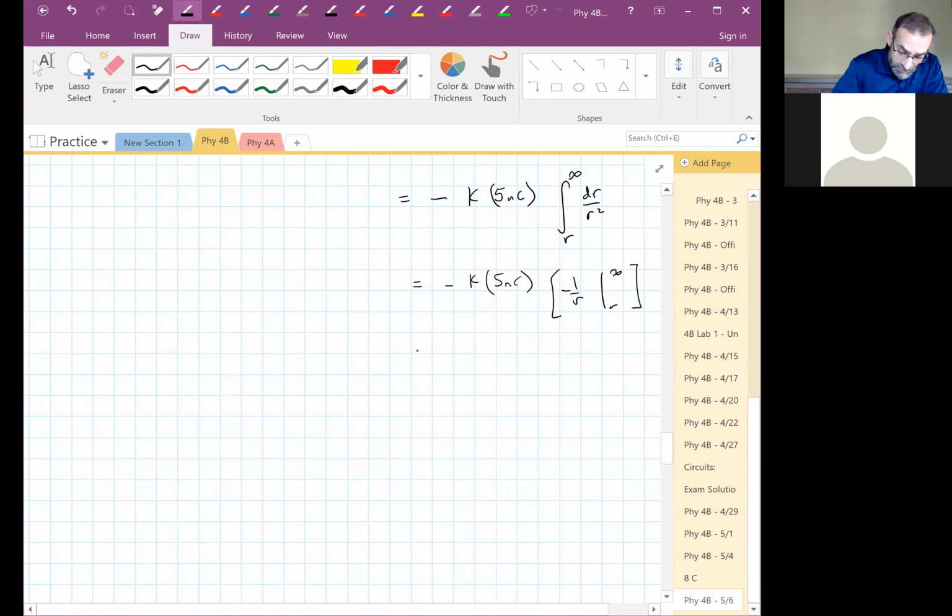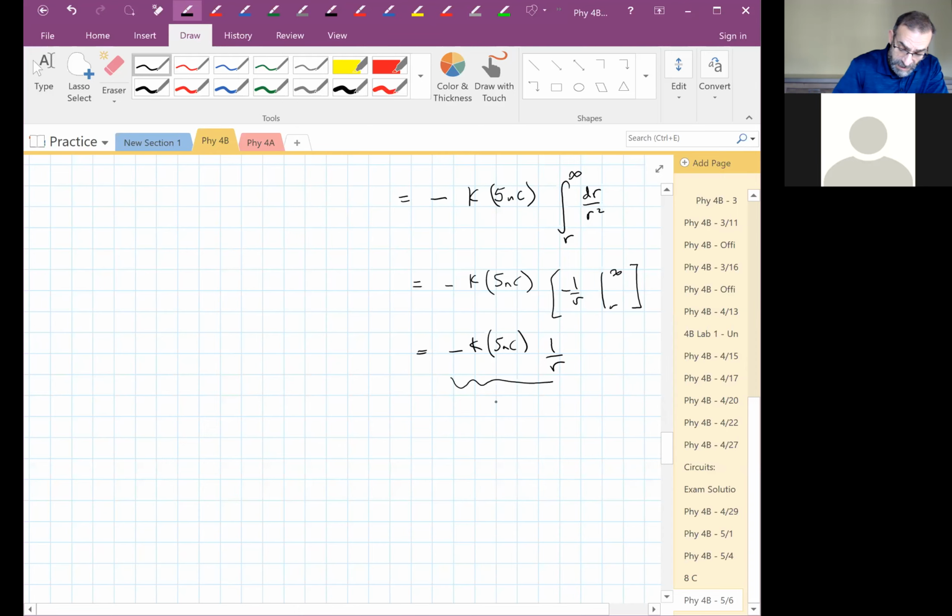So we've got minus K, the 0 minus plus 1 over R. This is just a 1 over R. So that's what I get, and it is negative because I used the absolute value of my charge.